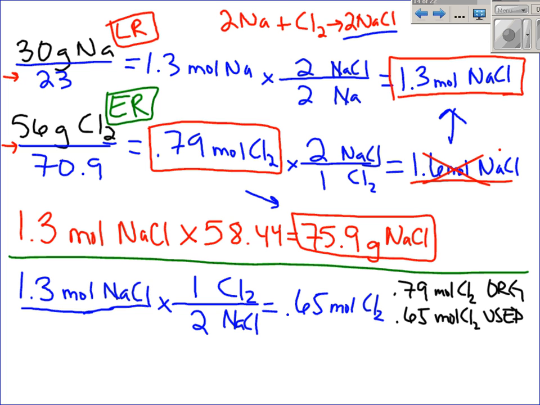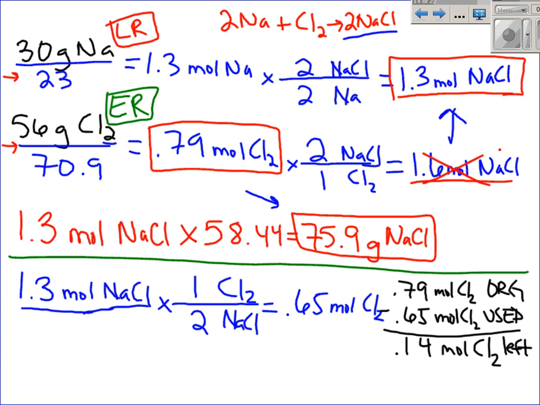Therefore, how are we going to figure out how much is left over? We do that by subtracting. If we subtract my amount that is used from my original amount, I get the amount that's left over. In this case, it's 0.14. That means 0.14 moles of chlorine was left or not used in the reaction.